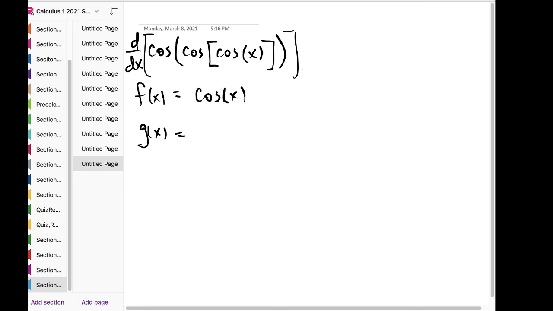It's the other stuff, cosine, cosine. Okay, what's f prime? It's negative sine. And how do you find g prime?